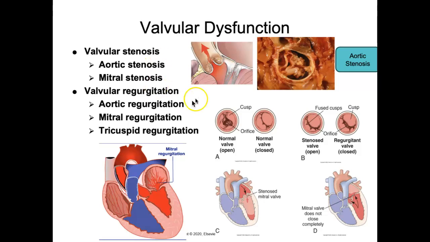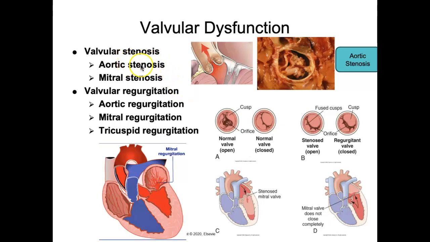Then when we have valvular regurgitation, or sometimes this is called an insufficiency or an incompetency, it means that we have impaired closure of the valve that allows that blood to move backward into the chamber above or before it. And that increases the workload of the heart as well.